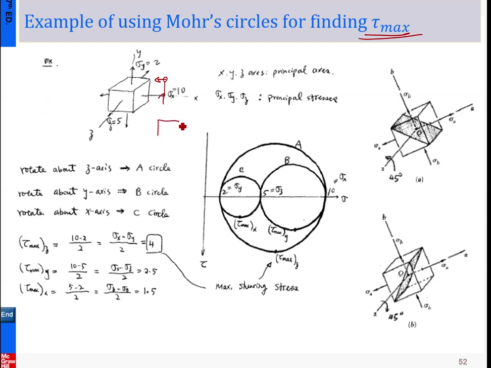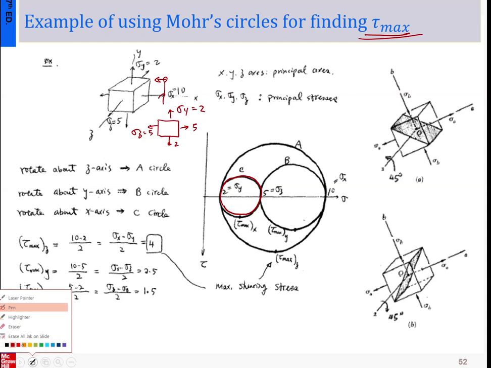For this case, what you see is sigma y equal to 2, and this is sigma z equal to 5. So this is 5 and this is 2. For this circle, let me use a different color.